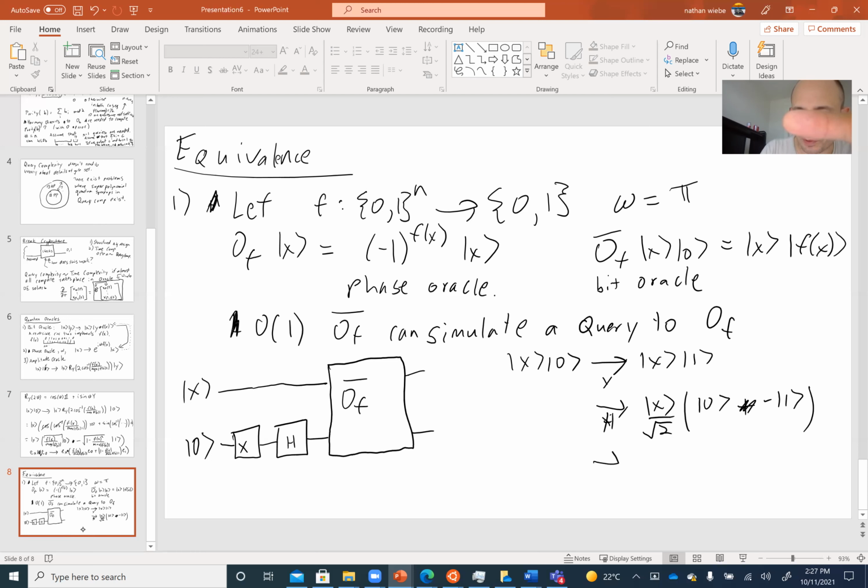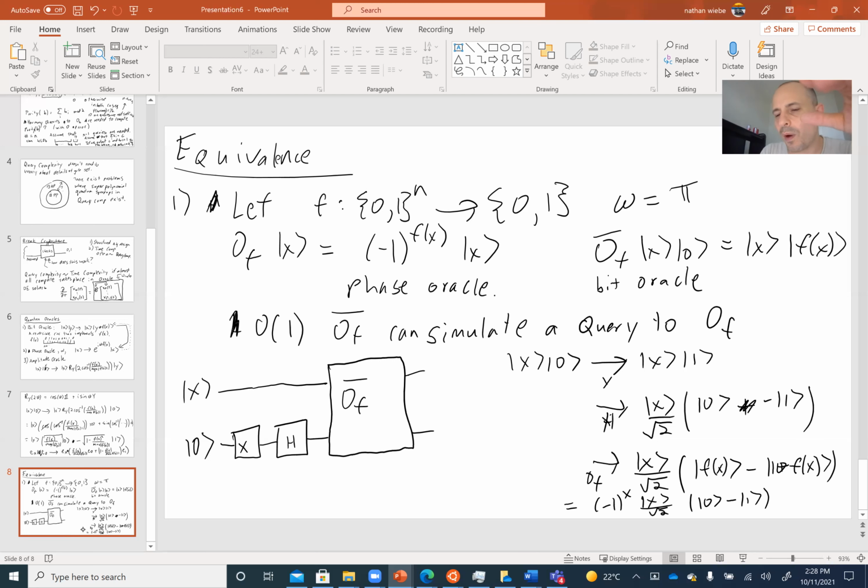And then once we query Ō_f, what this will map to is |x⟩ (|f(x)⟩ - |1 ⊕ f(x)⟩)/√2. And this, we can see, is equal to (-1)^f(x) |x⟩ (|0⟩ - |1⟩)/√2.